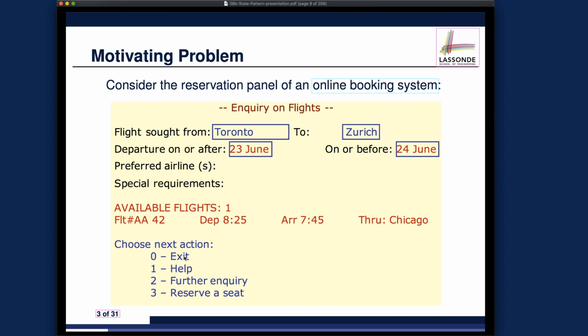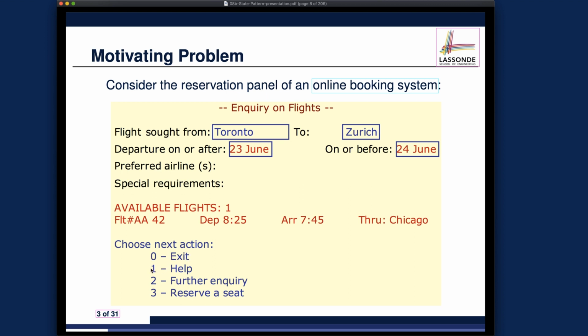Also, let's say we're simply doing a command line application, meaning that for every state, or every page, you can choose which option you would like to opt for. In which case, you can type 0 and enter, and then you exit from this particular site.